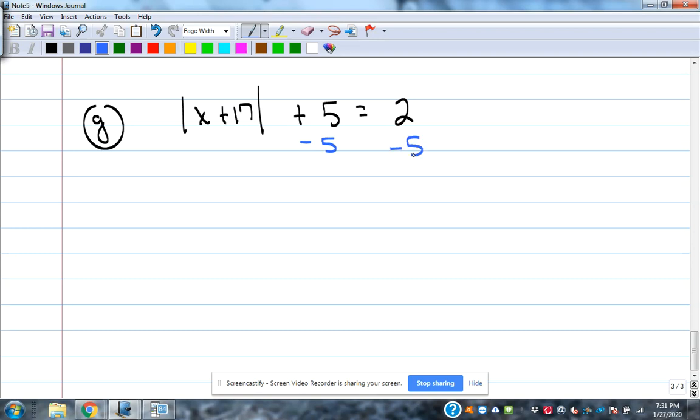Subtract 5. Absolute value of x plus 17 is equal to what? -3. What do we know about that? That's a no solution. Because absolute value is a distance and cannot be negative. It has to be equal to a positive value.